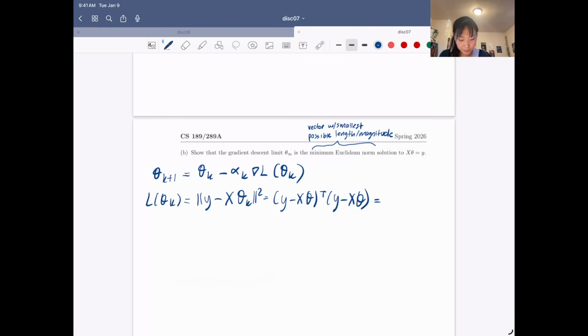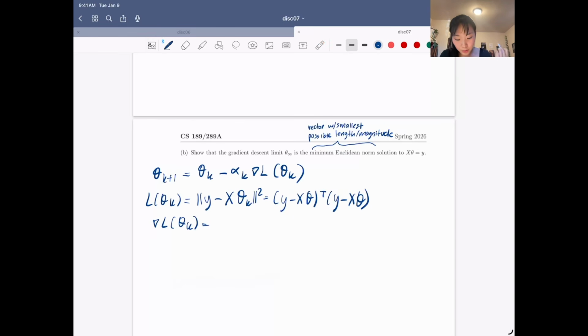And when you take the gradient of L of theta k, you could just write this all out and multiply it, solve it, take the gradient of each term.